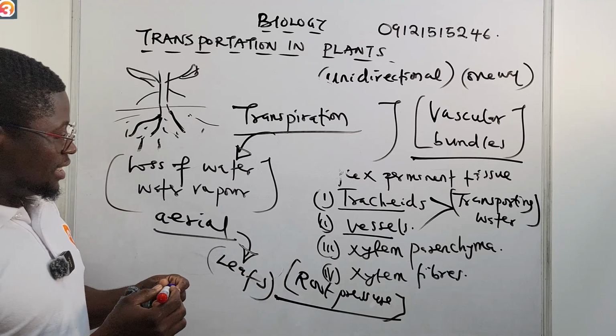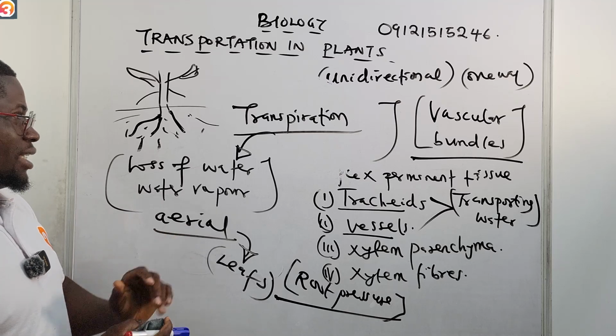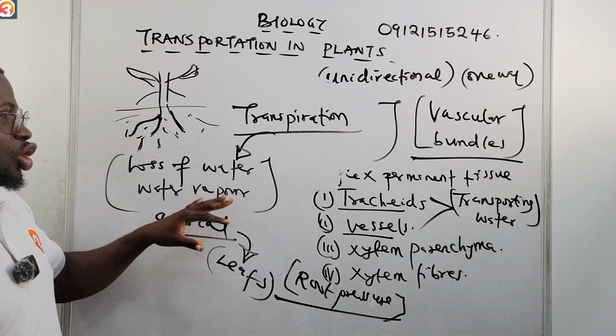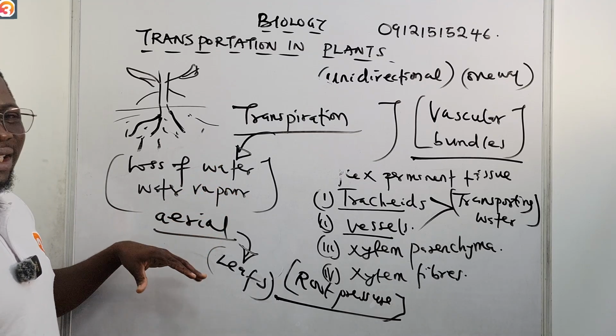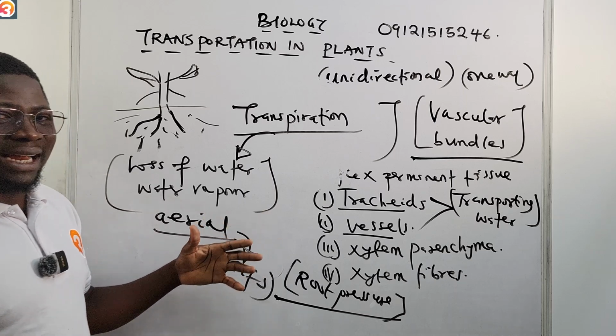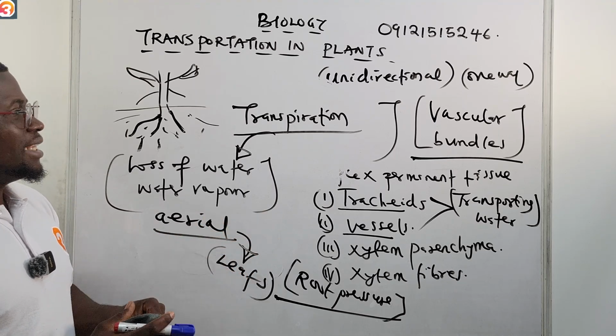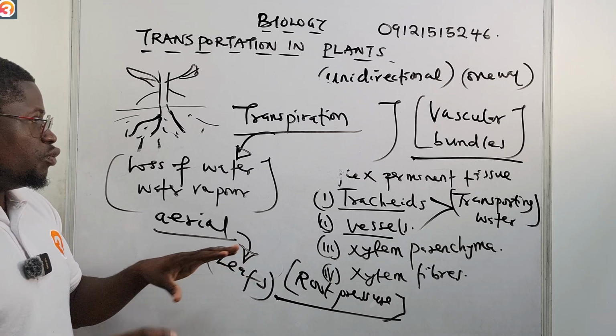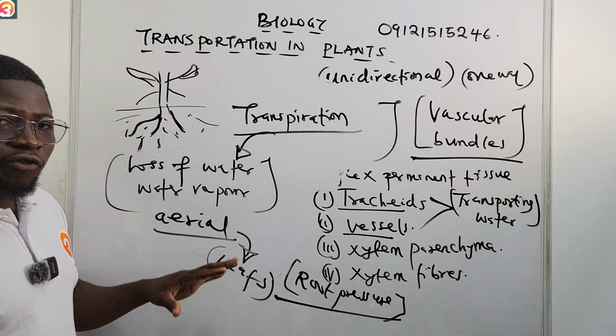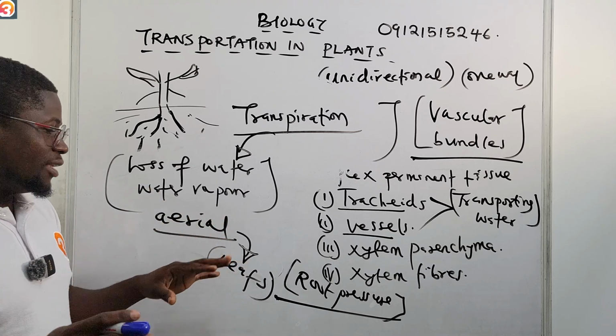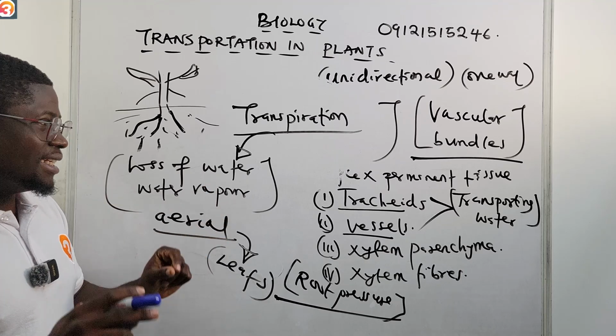So that is transpiration, or transpiration pull. It's the loss of water as water vapor from the aerial part of the plant, and the aerial part I'm talking about is the leaves.